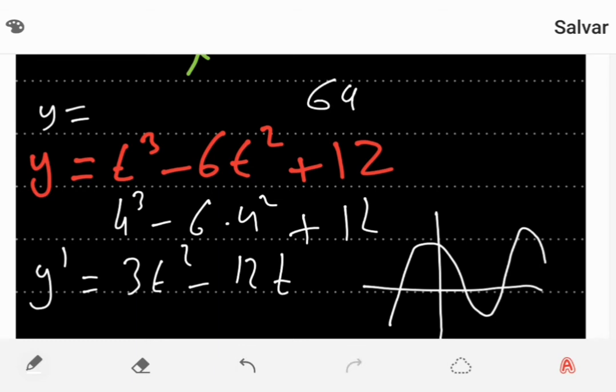So 64 over here, and 6 multiplied by 16, since 4 squared is 16, is 96.